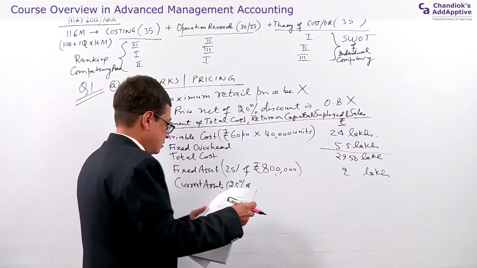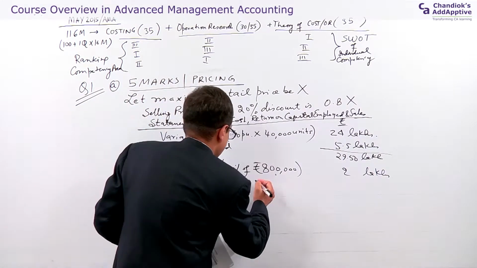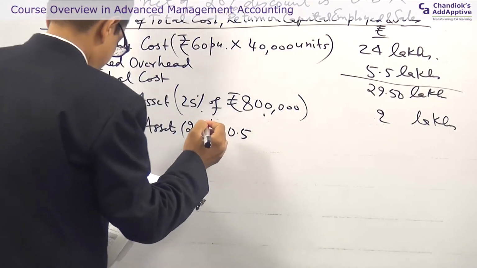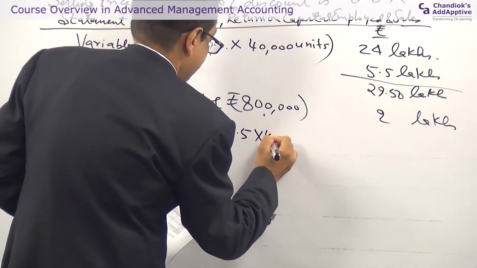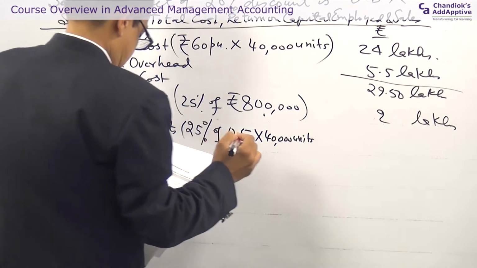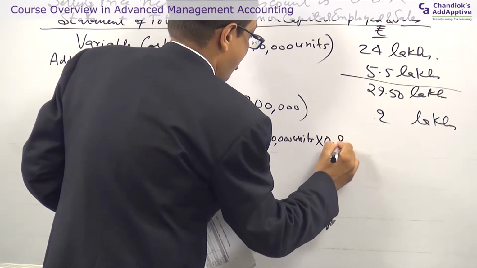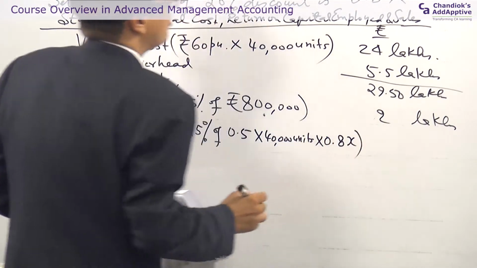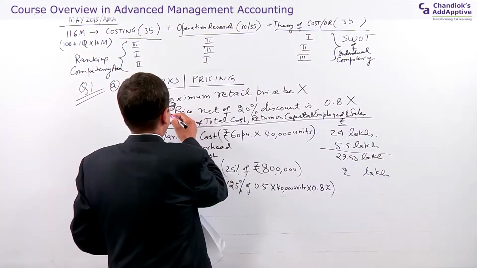So what will it be? It's 25% of 0.5 into 40,000 units into 0.8x. Why 0.8x?